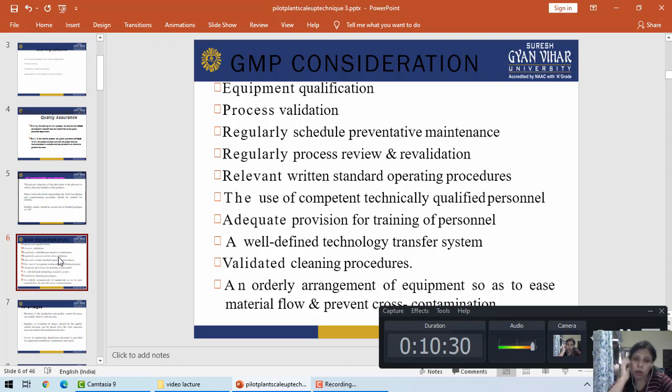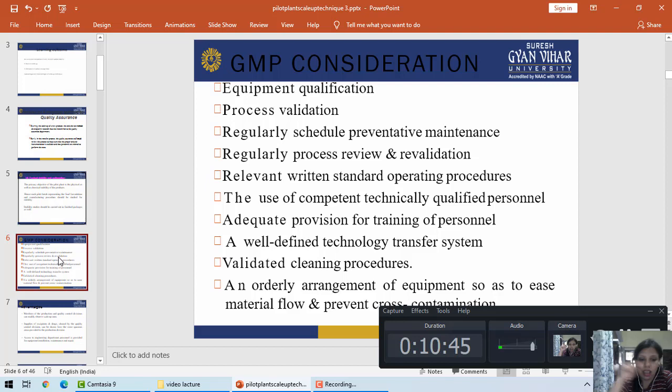Okay, next one is the process validation. The process is always validated as per the GMP. That means if we are following a certain process, we will get the same results.